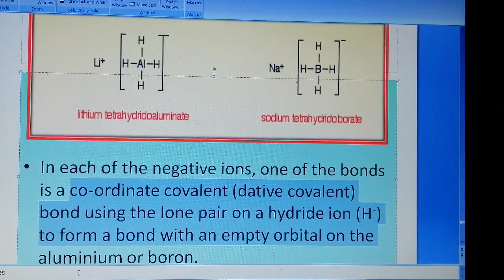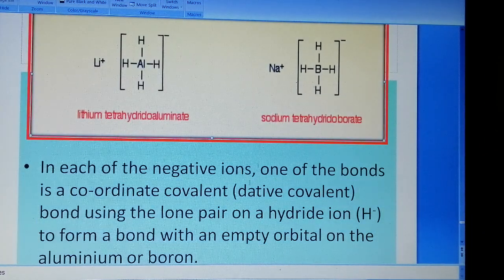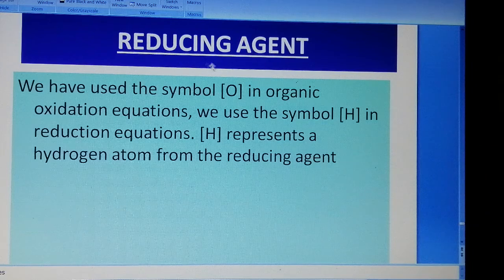Hydride means here H minus, which forms the bonds with Al and B. So you just have to know what type of bonding is there in the reducing agent, that is covalent bond. Coordinate covalent bond means when the shared pair of electrons is given by only one of the reactants.